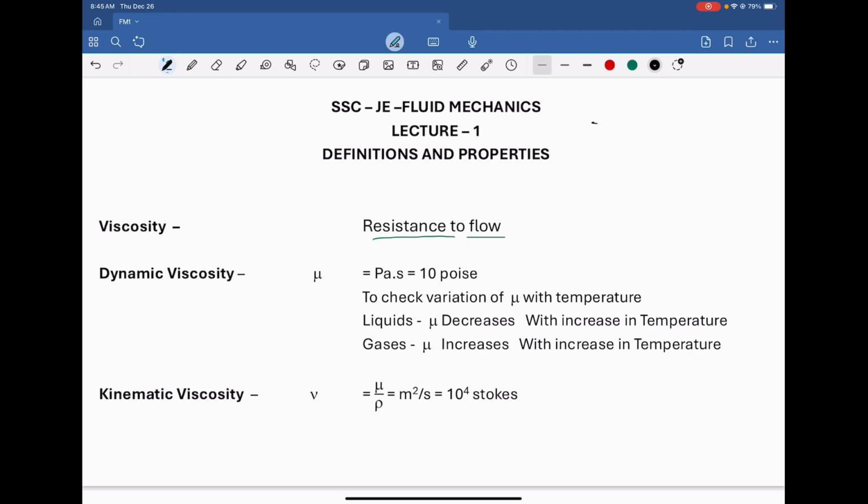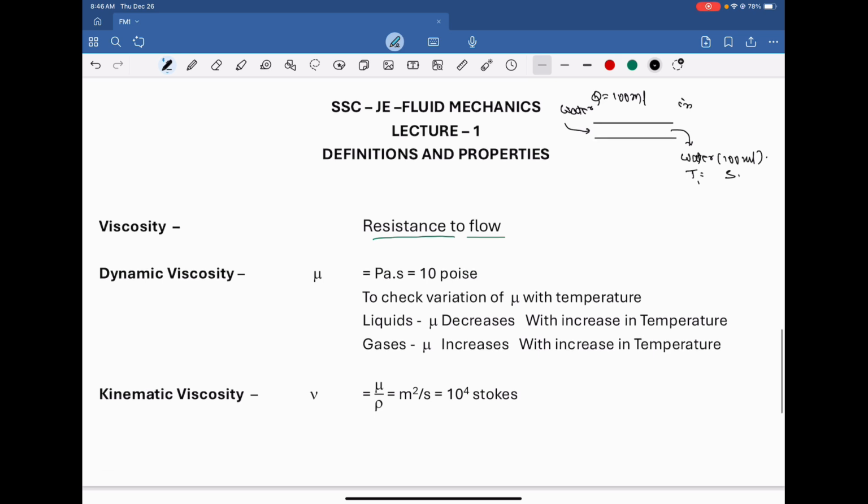It need not be horizontal, it can be inclined also. You pour water in it and water comes out. You find the time t in how many seconds water is coming out, and you find the quantity, some 100 ml. When you understand the concepts with experiments, then you will understand better. 100 ml is received in some seconds, t1.